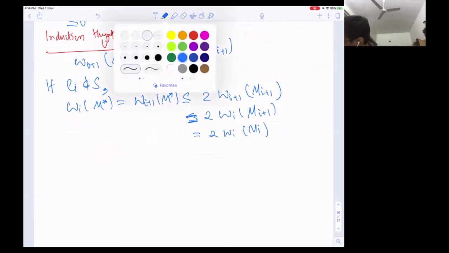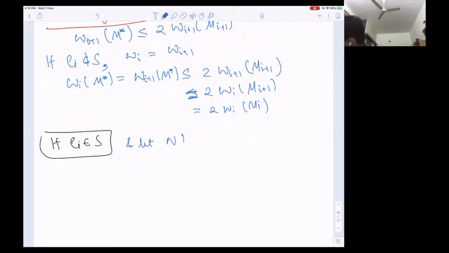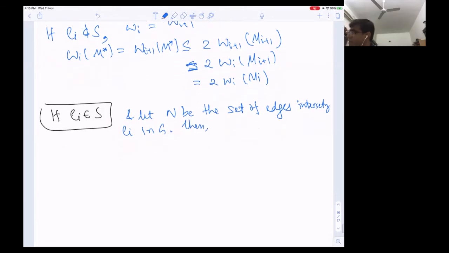Now let's look at the case when e_i does belong to S. Let N be the set of edges intersecting e_i in G. Then I claim, look at your weight_i of M star, plus 2 times w_i(e_i).